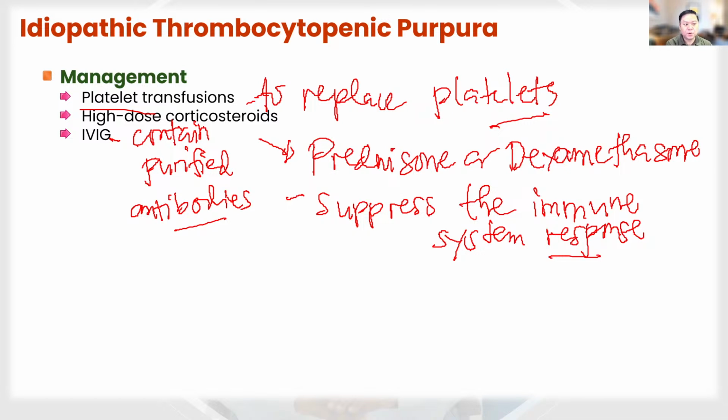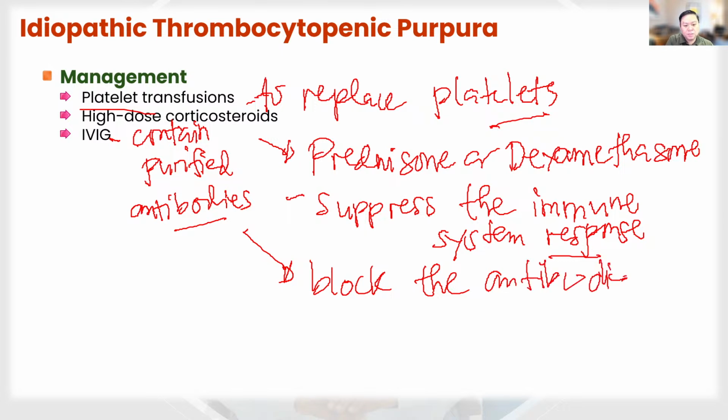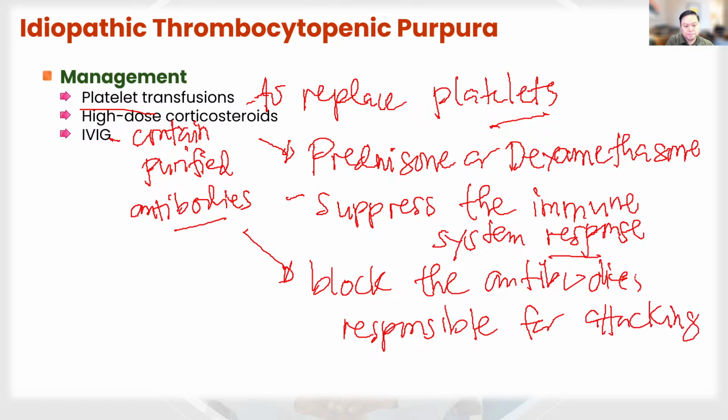And so again, with the IVIG, the treatment itself can help block the antibodies that are responsible for attacking the platelets. So that is the reason why IVIG treatment is effective in managing the ITP.